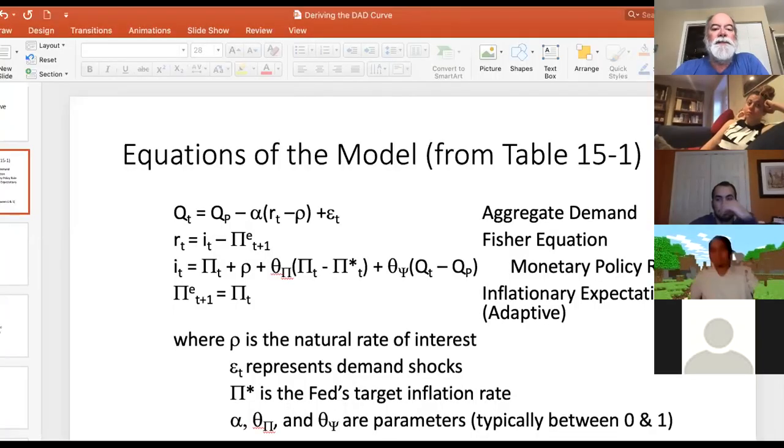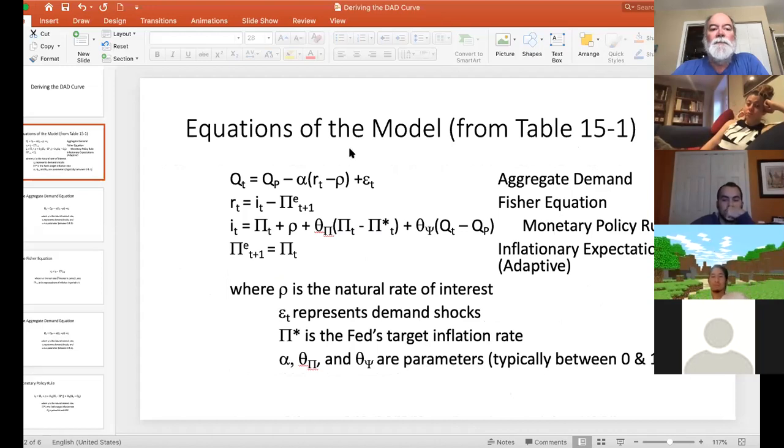Okay, I know this is probably confusing, but on my slides, I use Q's instead of Y's for GDP. That's just the way I am. So QP is potential real GDP. Q sub T is actual GDP in the period T, which is the current period.